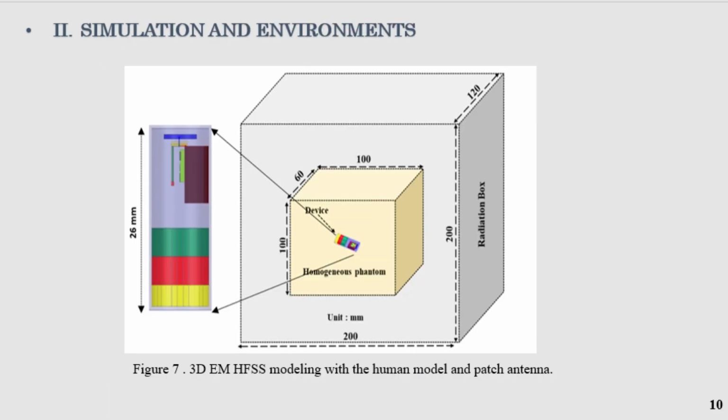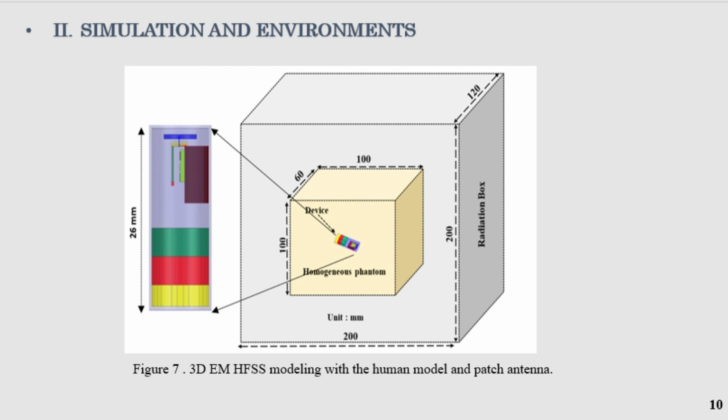Moving to simulation and environment. The antenna is intended to operate inside the human body. The initial phase of this development involved modeling and optimization in a uniform phantom model designed under HFSS.